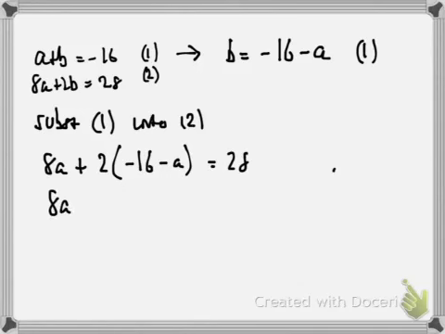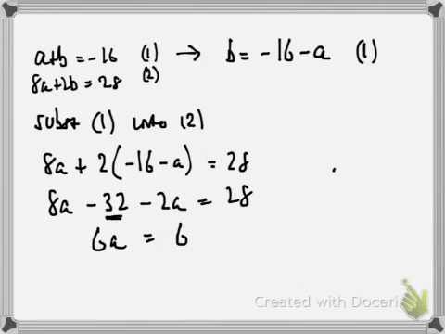So 8a minus 32 minus 2a equals 28. 8a minus 2a, which is 6a, equals 28 plus 32, taking the negative 32 to the right. That equals 60. a equals 10 is the answer there.